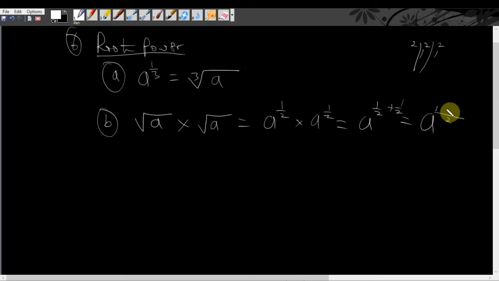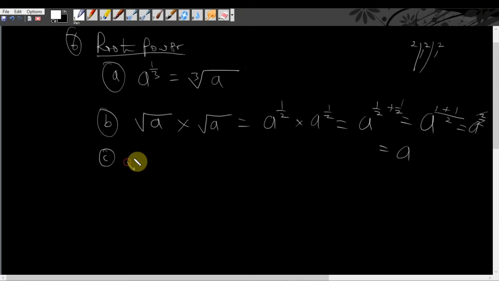Then the plus comes down. This 2 divided by this 2 gives 1, times this 1 is 1. So 1 plus 1 is 2 over 2. This 2 cancels this 2. Your answer becomes a to the power 1, no need of writing it. Your answer becomes a.